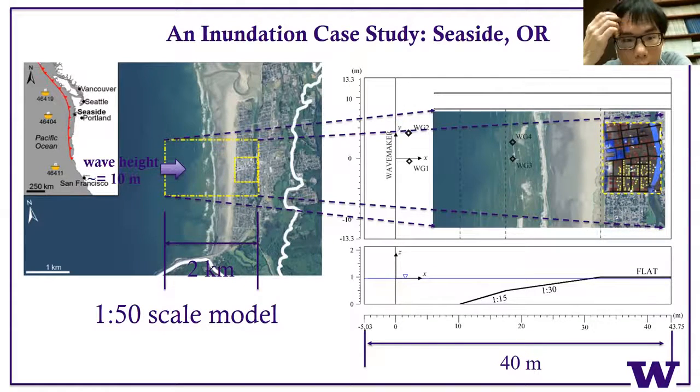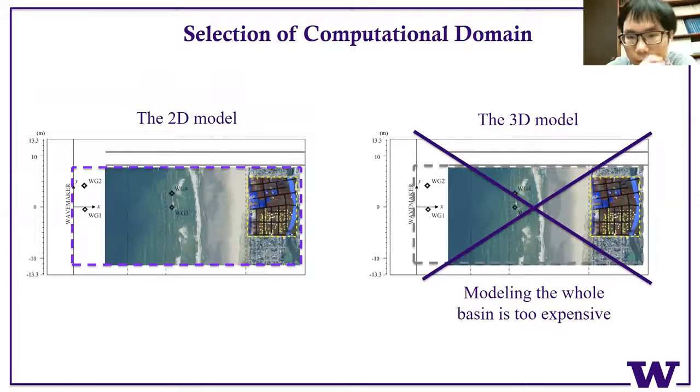So the wave in the experiment is actually only 20 centimeters, which corresponds to a 10 meter wave in prototype. When we use our 2D and 3D models to model this scenario, ideally we would like to have our numerical model model the same region or the same domain as in the physical experiment.